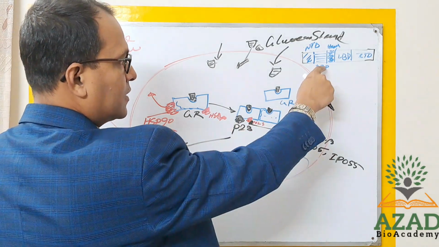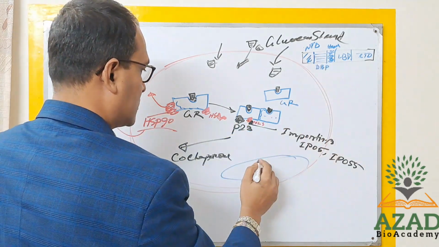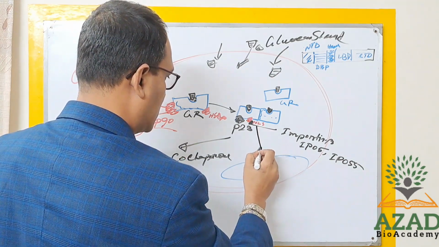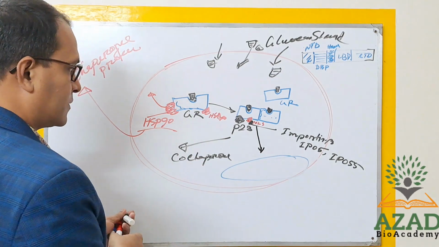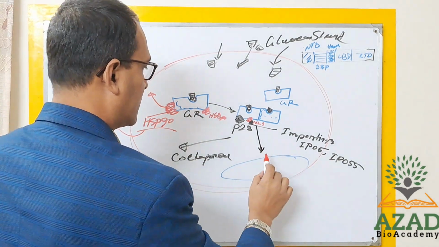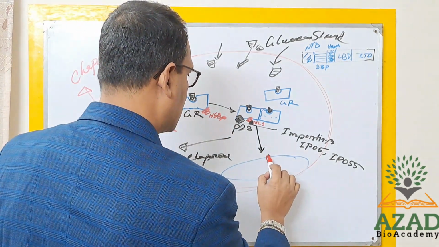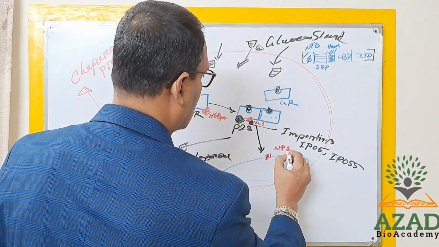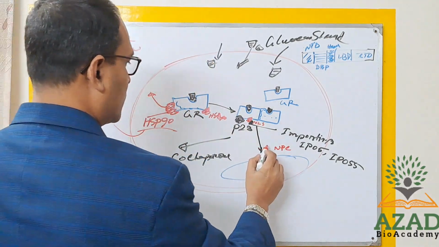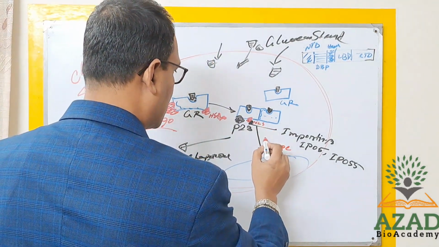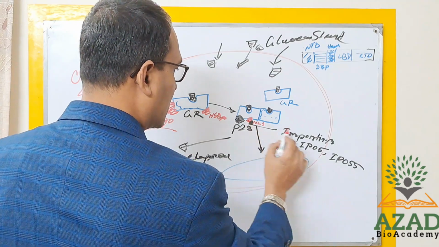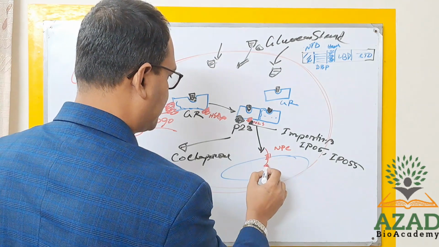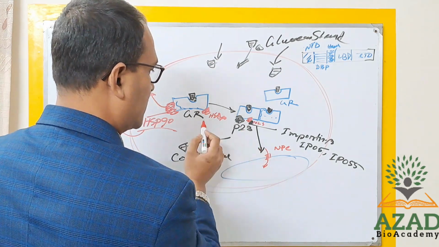Okay, and here the DNA binding domain is also there. So it will just move towards the nucleus. Then what will happen? The nuclear membrane has a particular nuclear pore complex, and through this pore, the dimer along with the importin protein will enter, and P23 will detach.